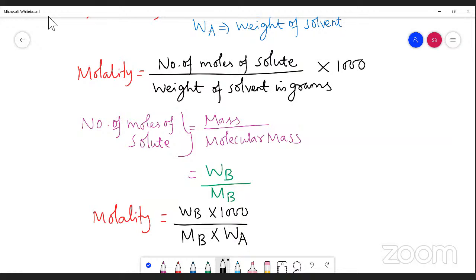Now just substitute this molality into the formula for depression in freezing point.